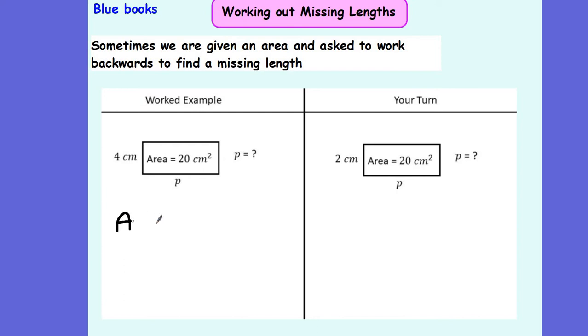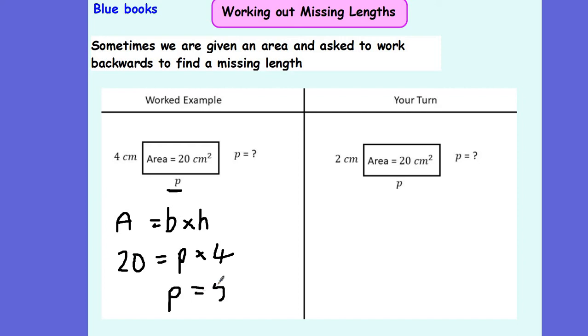We know our area is base times height, and I've been asked to work out what P is, the base length. So what I've been asked is, what do I multiply 4 by in order to get 20? Well, for this one, P, my base, must be 5, because 5 times 4 will give me the area 20.